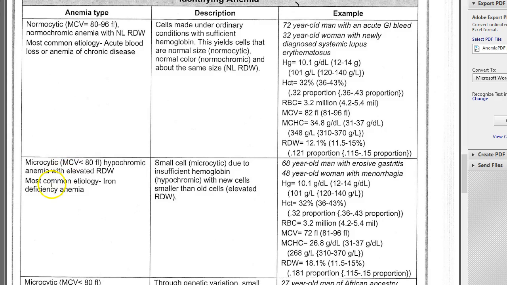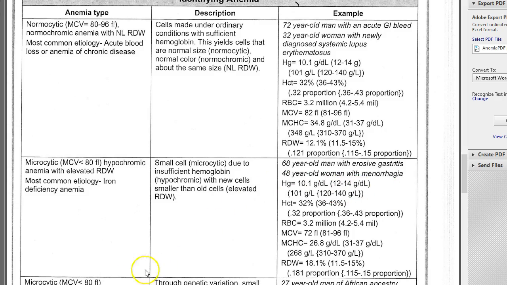So it is a microcytic and hypochromic anemia with elevated RDW. And this kind of describes why. And here's what you're looking at.